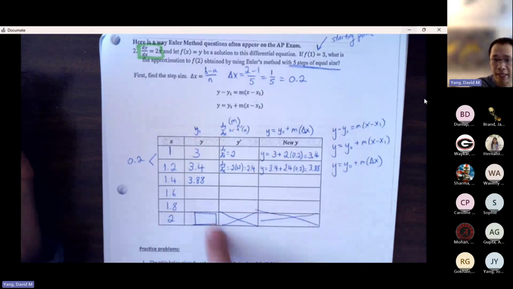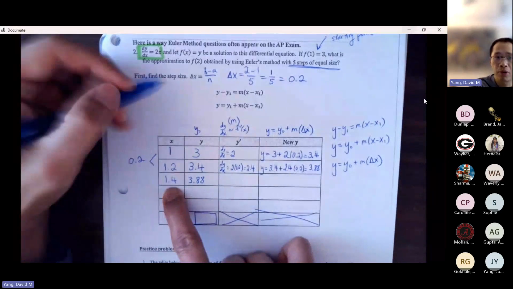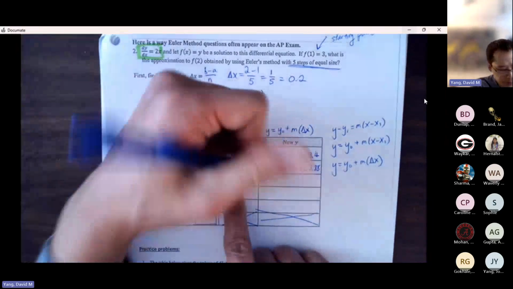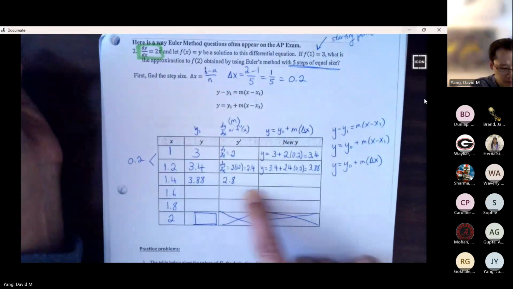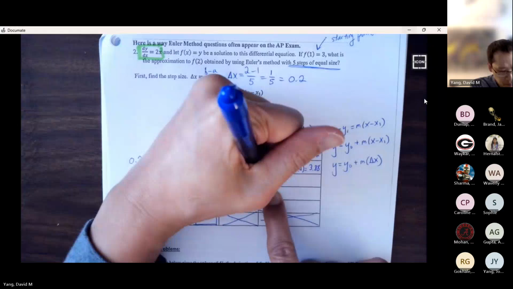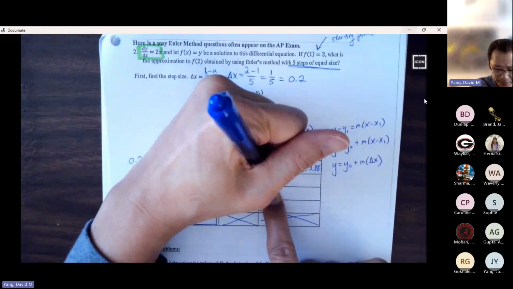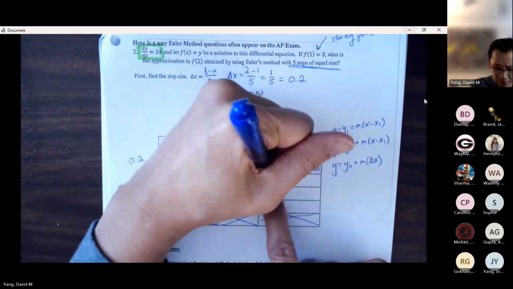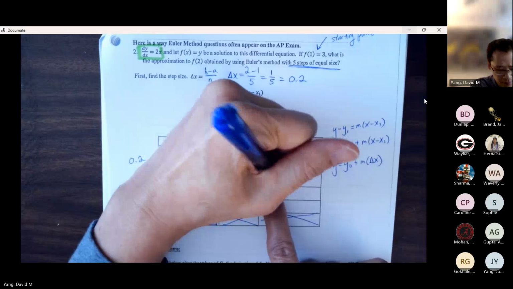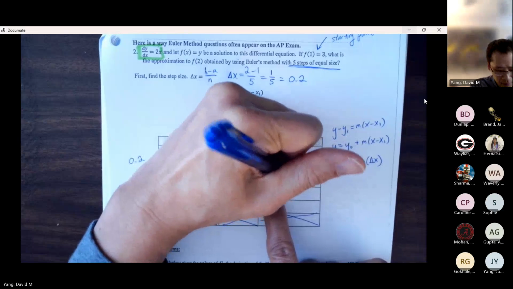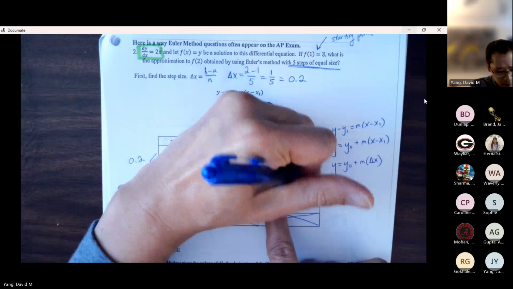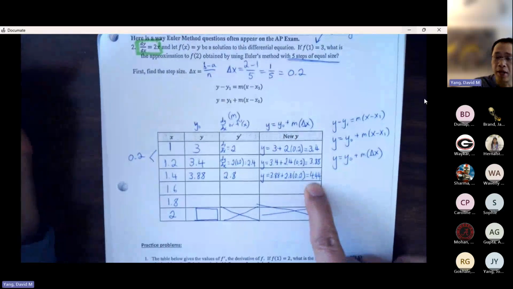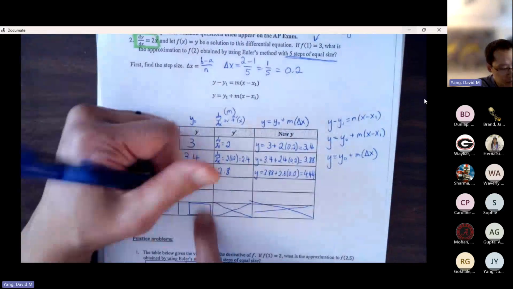And we're just repeating the process here. Plug 1.4 into the derivative, get your slope. Point slope form. Get our updated y value, bring it down to the next row.